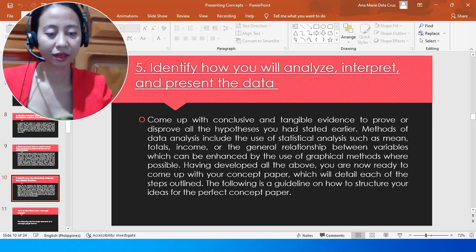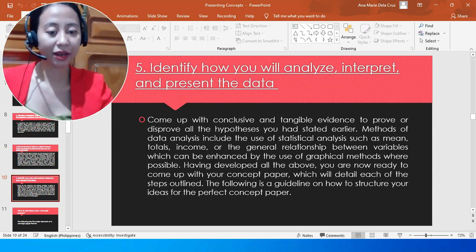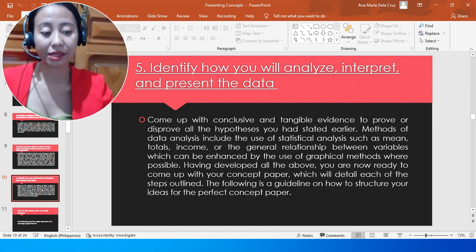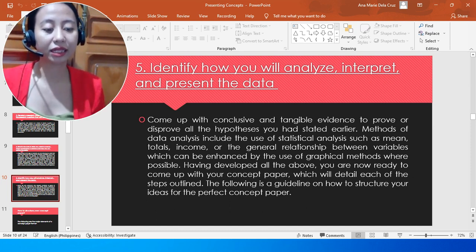Next, identify how you will analyze, interpret, and present the data. Your technique. Come up with conclusive and tangible evidence to prove or disprove all the hypotheses you had stated earlier. Methods of data analysis include the use of statistical analysis.